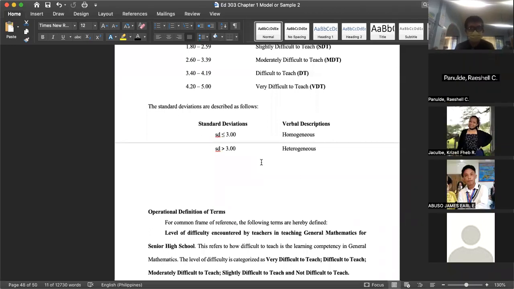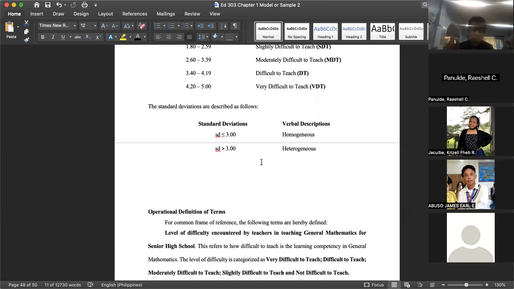And these are the terms that have special meanings, the terms whose meanings can only be found in your own study. As a researcher, you have the legal right to define the terms based on how you use them in your research proposal. If the term has the same meaning as in the dictionary, then do not define it because that is a general term and it has a general definition.